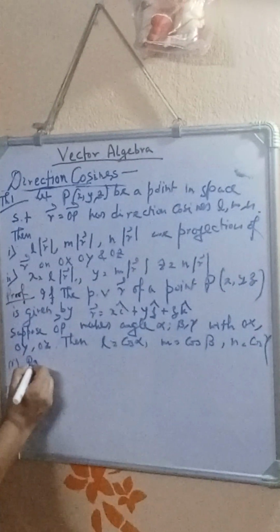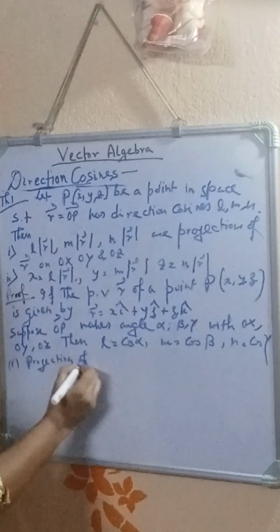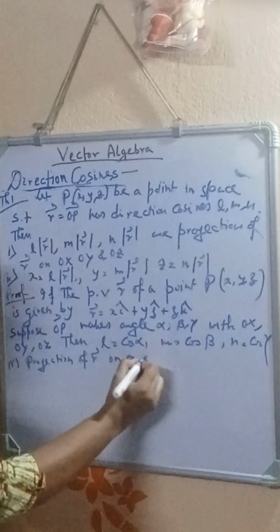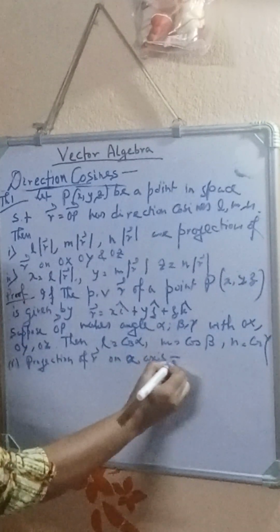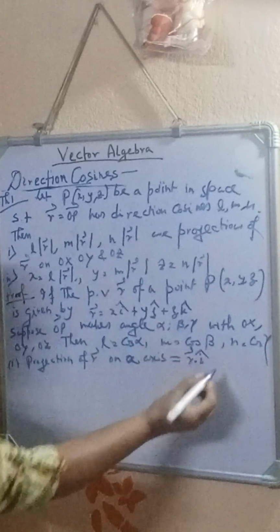Then the projection of r vector on the X axis is r vector dot i cap.